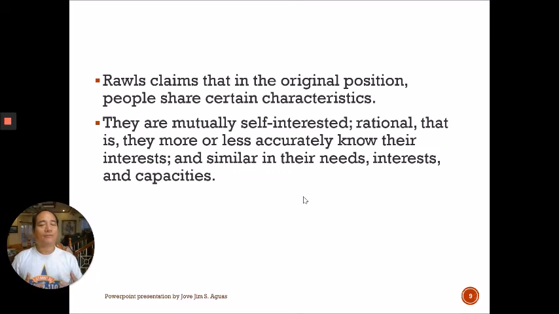They have similar needs, similar interests, and similar capacities. So they are not necessarily equal, but similar in that sense.